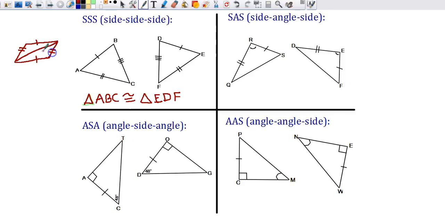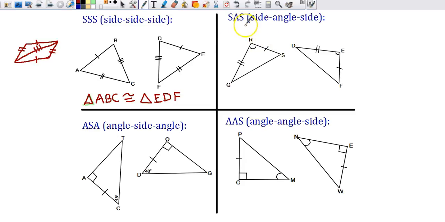And you might not have the side in the middle marked, but since they share the side, we know that that itself is a matching congruent pair of sides if those triangles were split apart. So I always mark them. I put the 3 dashes in there, and I can show that these are congruent by side too. Later you'll learn that this is called the reflexive property, which will be used in proofs. And there's other representations of those pictures too.